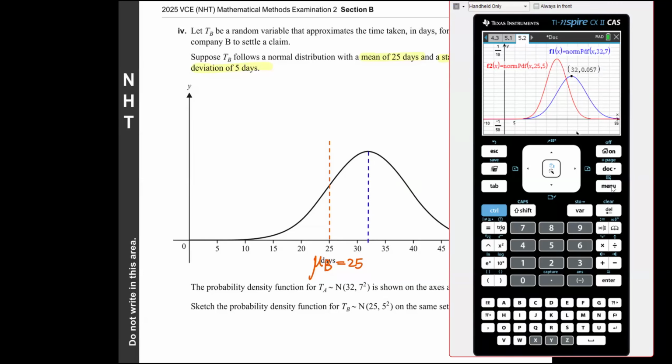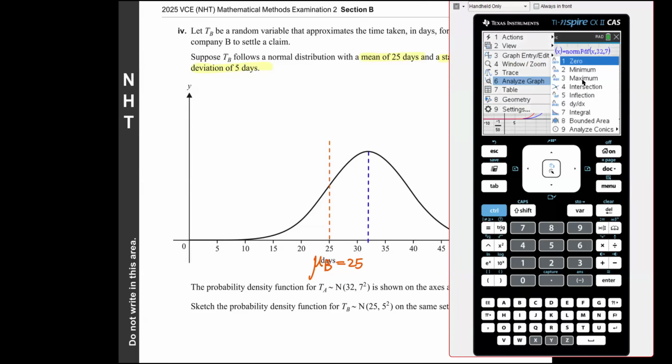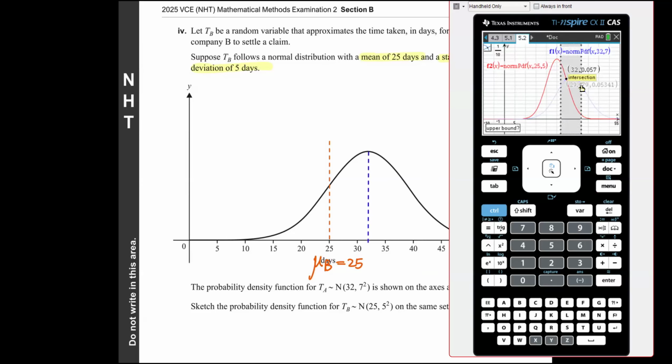It's more squished, more concentrated or convergent to the middle. If you want more accuracy, I would try to get an analyze graph intersection. So roughly speaking, you will get the turning point, the intersection point here, okay? And you can sort of get some kind of symmetry.